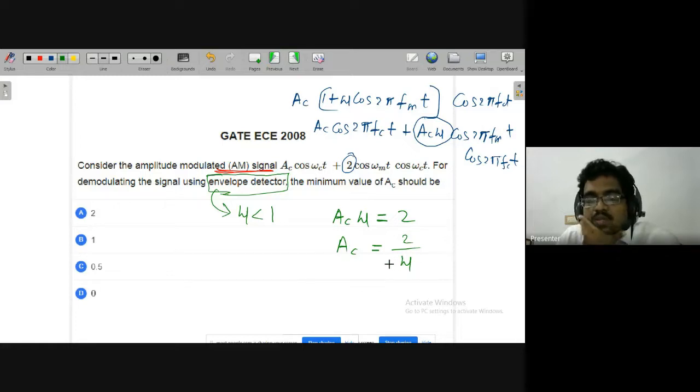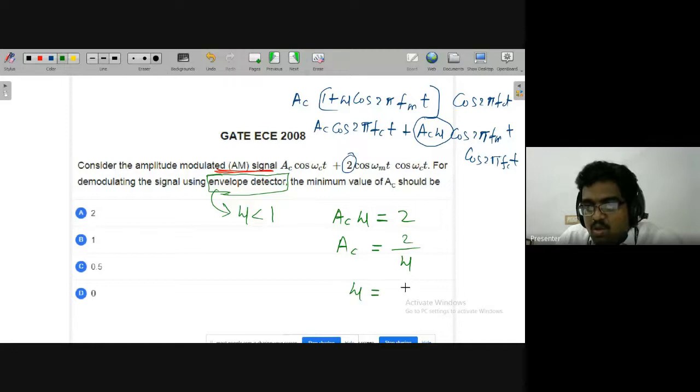Then what must be the value of mu? If you take mu as 1, Ac is 2.